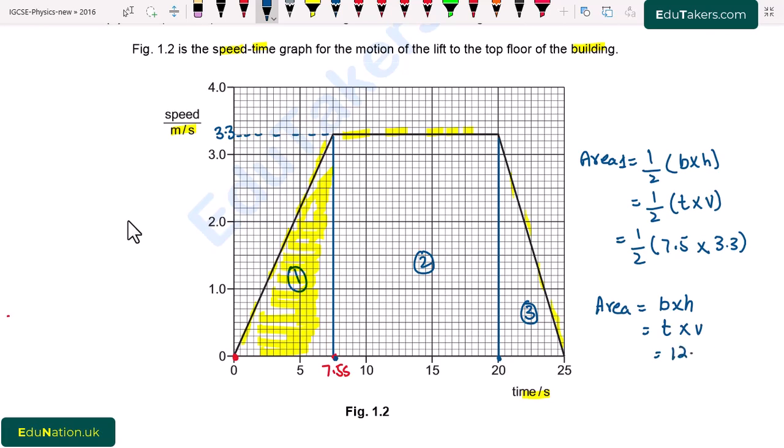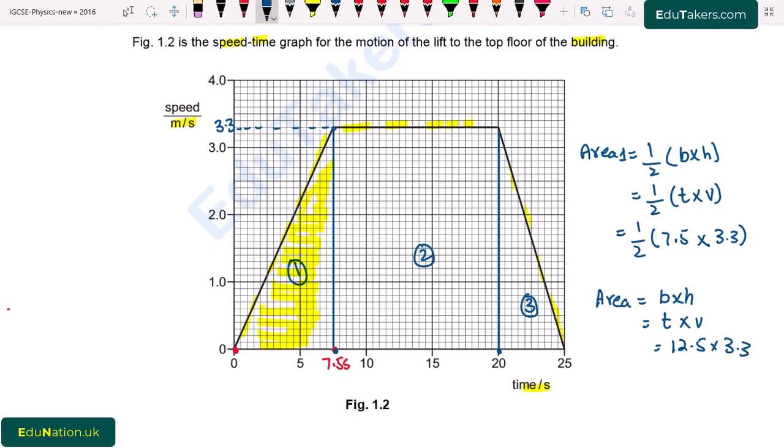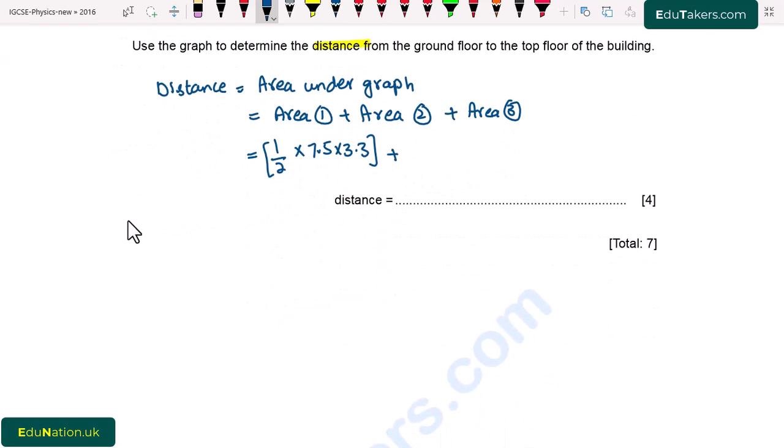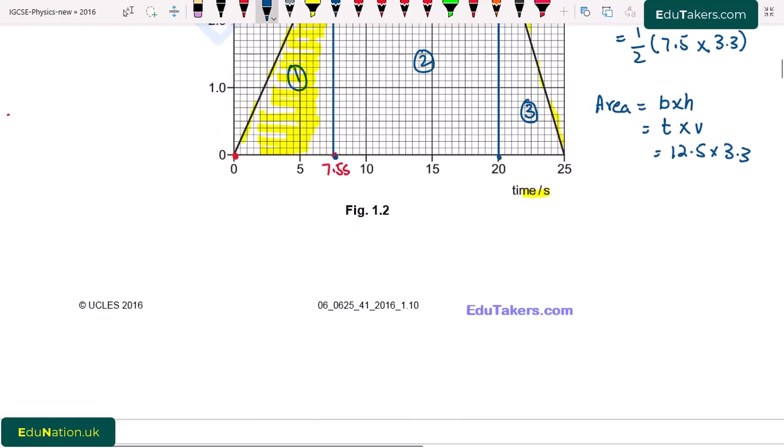It is 12.5 multiplied by speed. So the speed is 3.3. So area 2 will be 12.5 multiplied by 3.3.